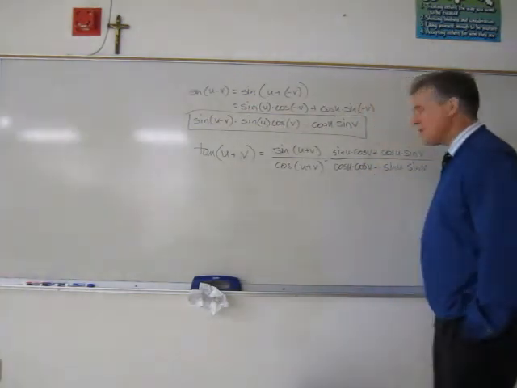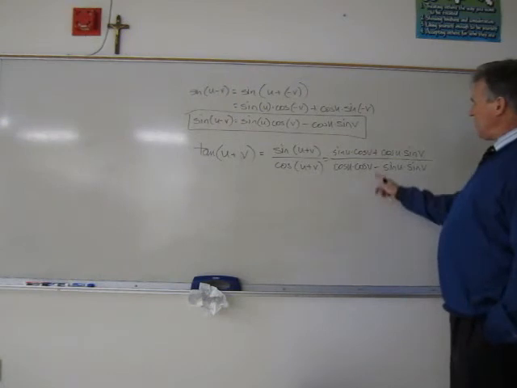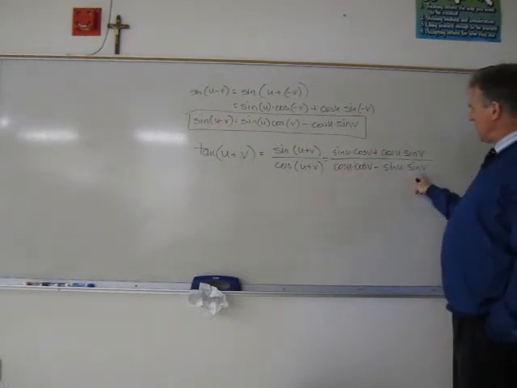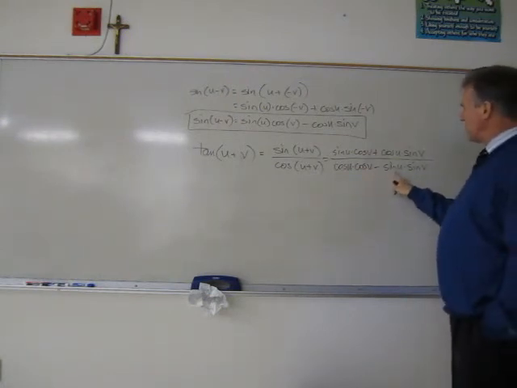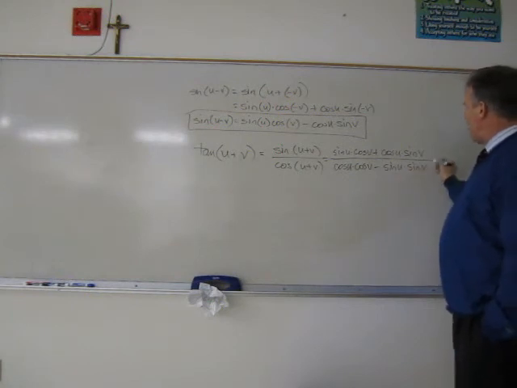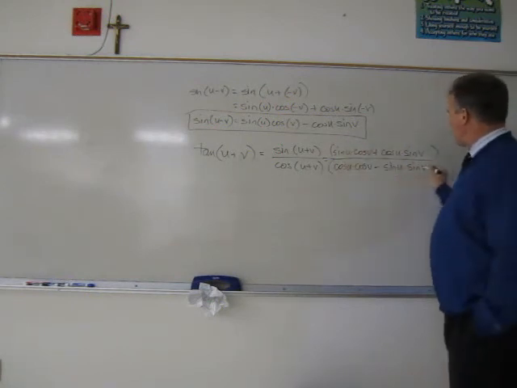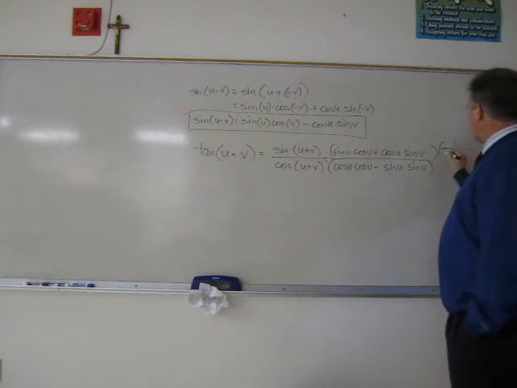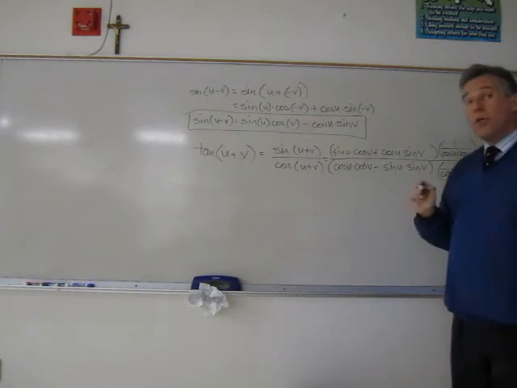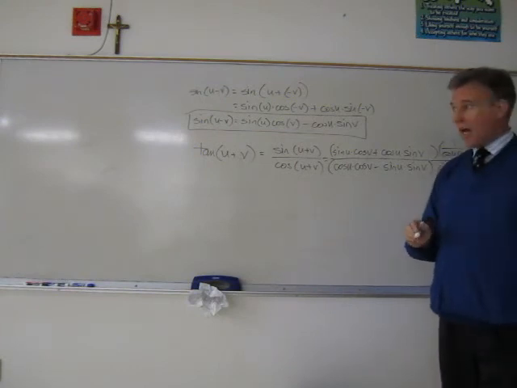Not terribly difficult. If we look at our denominator, I have cosine, cosine, sine, sine. If I multiply top and bottom by 1 over cosine u cosine v, beautiful things happen when I distribute inside.